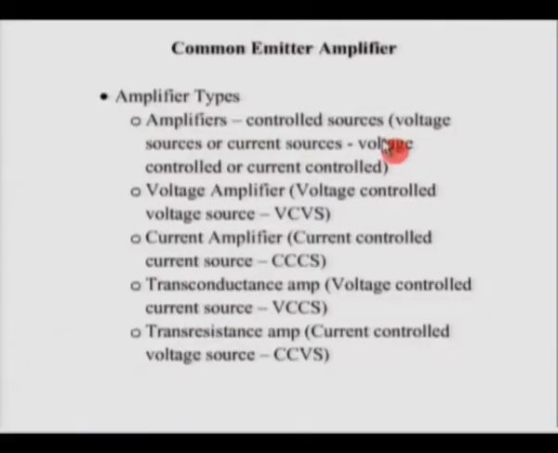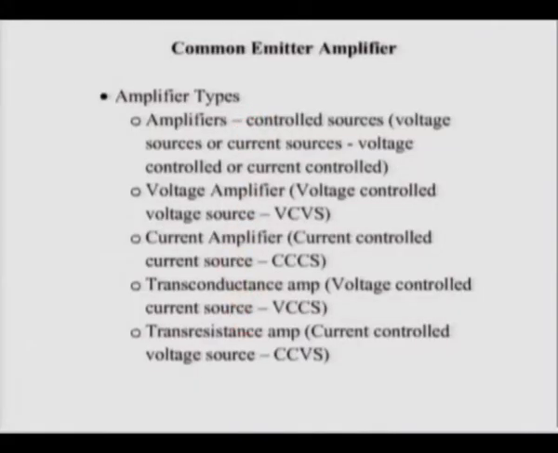So we have come almost to the end of the lecture. Let us have a quick recap of all that we did today. We talked about different types of amplifiers. We talked about an amplifier being a controlled source, and we also said that very often when we talk about an amplifier, what we have in mind is a voltage amplifier. Therefore, we say that the input resistance should be very high and the output resistance should be very low.